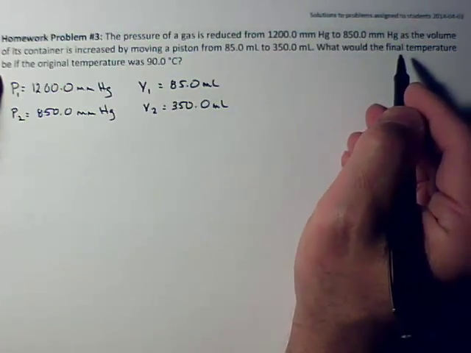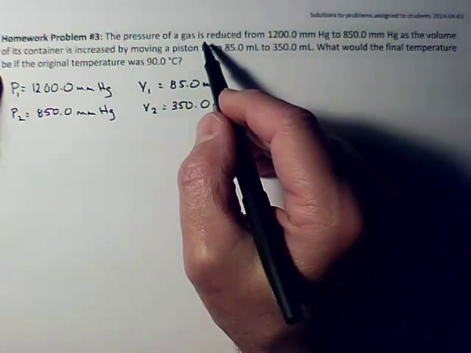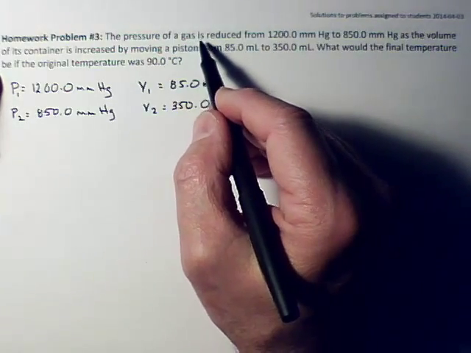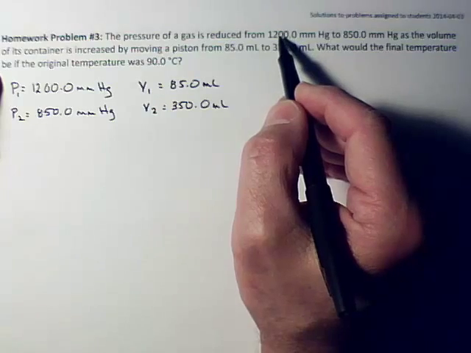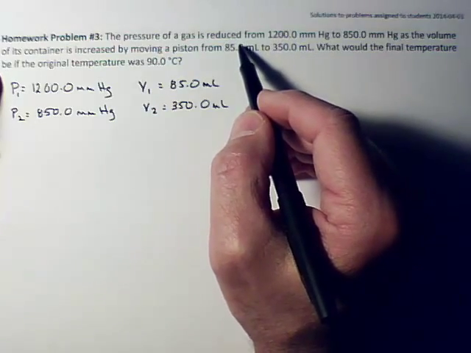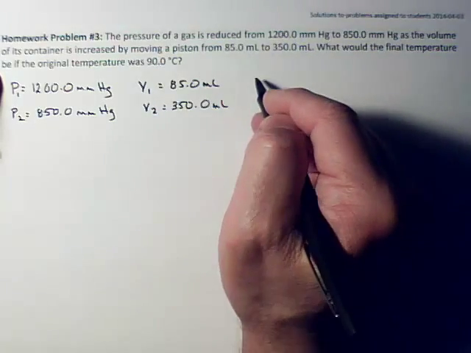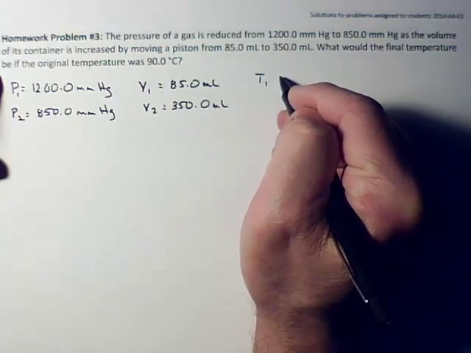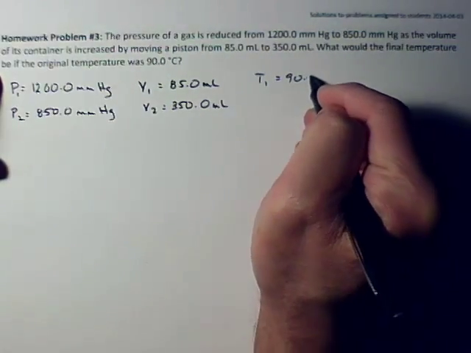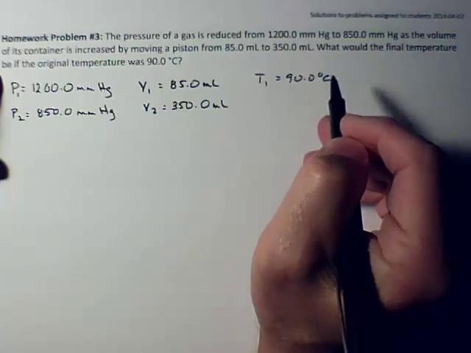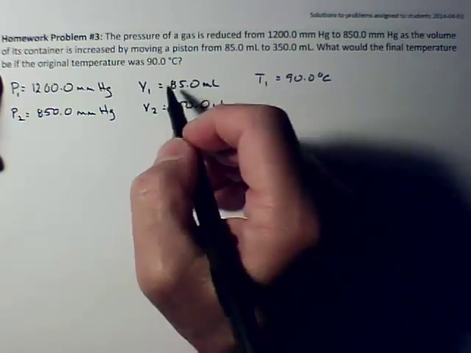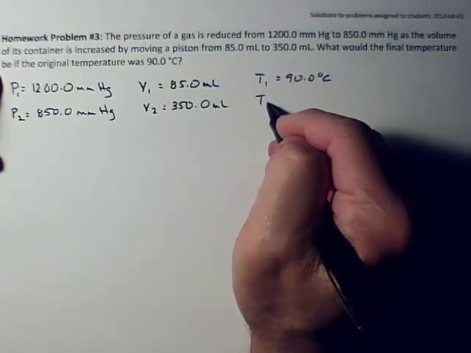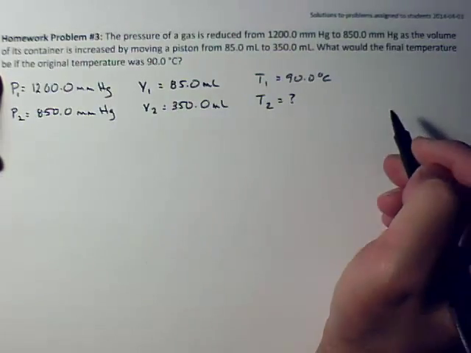What will the final temperature be? So we're starting with a pressure here and a volume here with a temperature that starts out at 90 degrees. So temperature 1 is 90.0 degrees C, which we have to convert to Kelvin. We're going to find the final temperature, T2, we don't know.